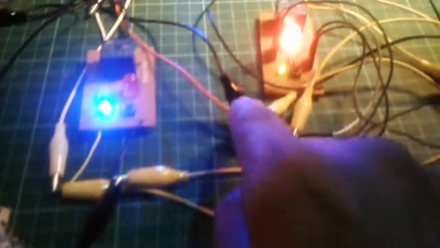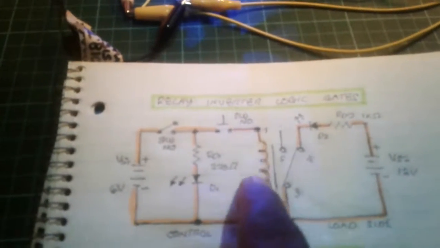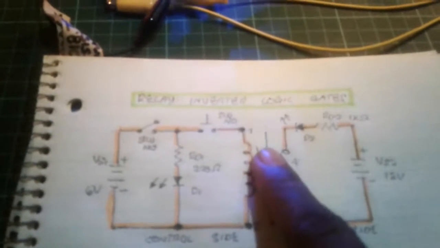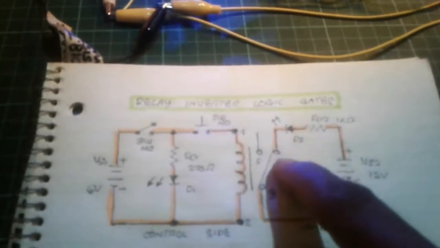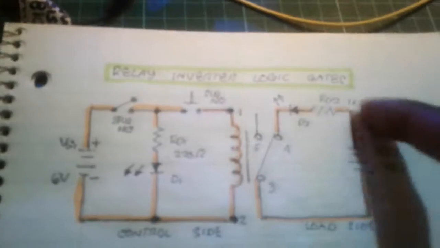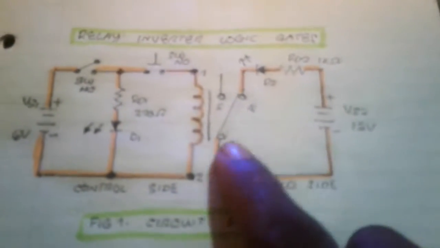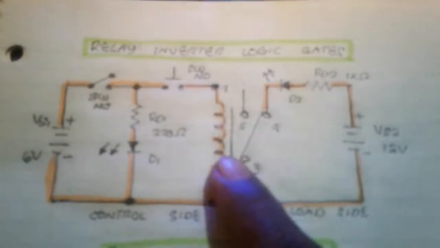Once you push the button here, current flows into the coil, inducing a magnetic field, moving the contact to terminal 5, making this an open circuit. Because the terminal moves to terminal 5, there's no more circuit here. It will become an open circuit. So that's why when you push it, the LED turns off. This is one way of connecting a relay.